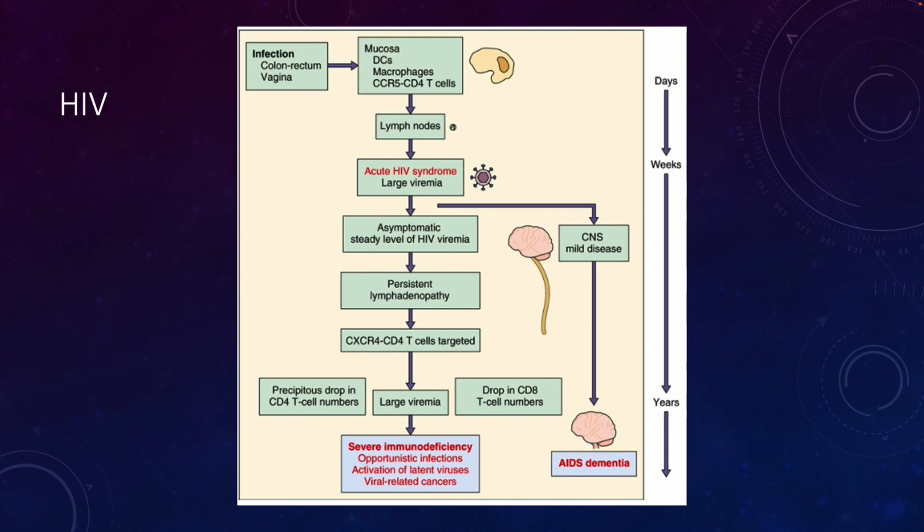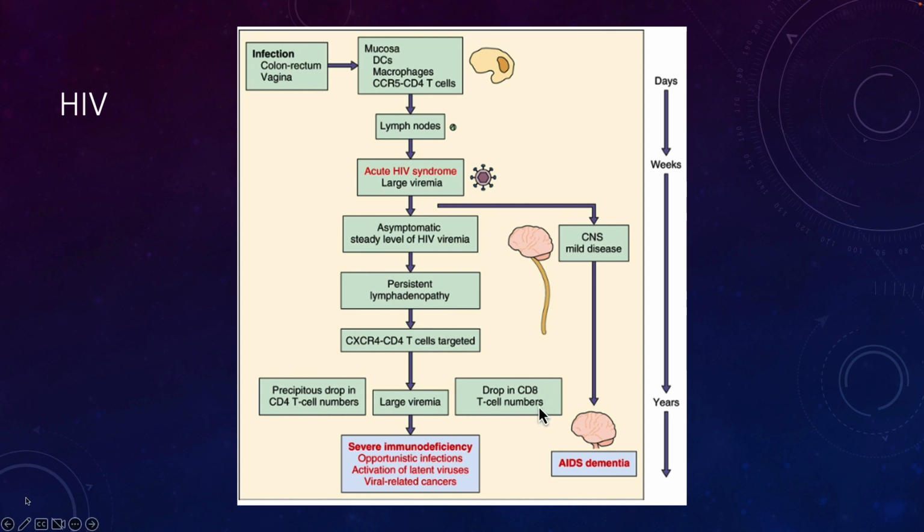But eventually things change, and patients will start to have swelling in the lymph nodes because the virus is now targeting different cells, that CXCR4 receptor. The viremia will again go up, and this time, when the virus load goes up, there's a huge drop in the number of CD4 positive T cells.